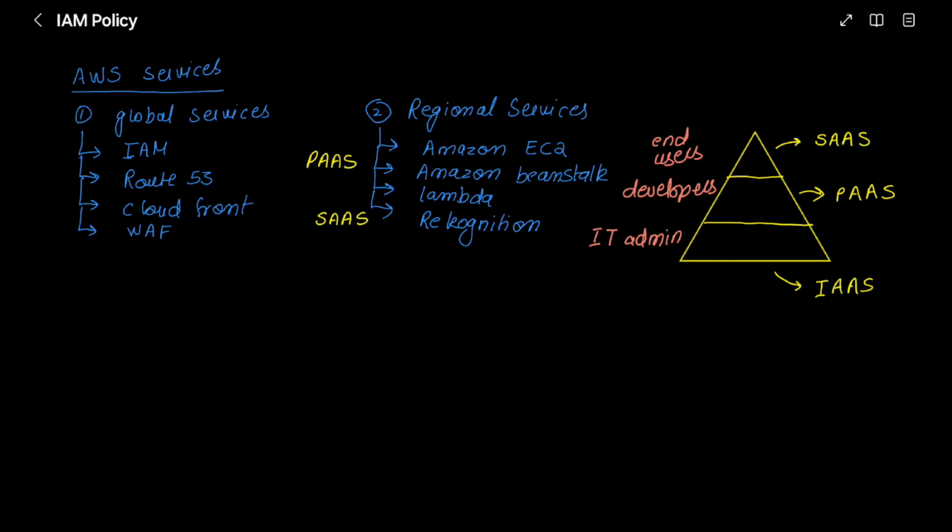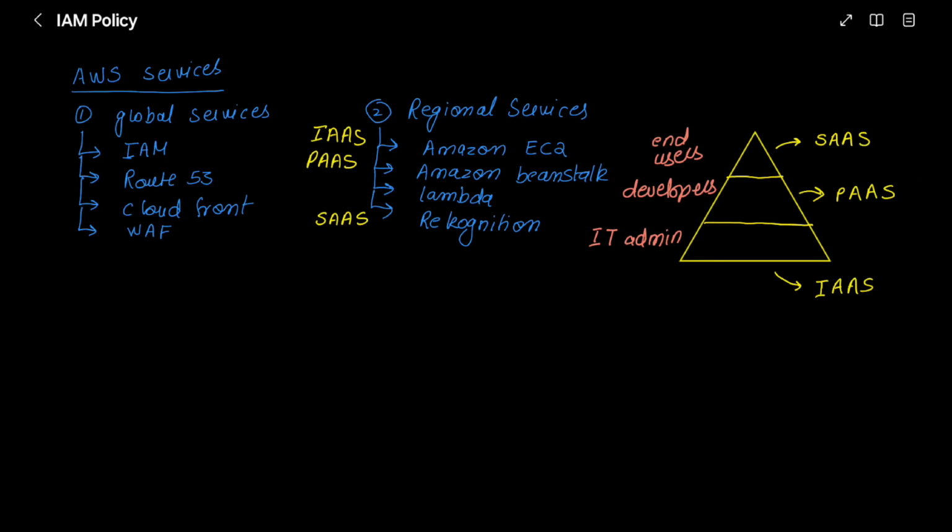Then we have EC2. A lot of people might say it's a software as a service because it's like a fundamental of computing being offered. But that's not the case. It's infrastructure as a service because it has a lot of layers to it. There are a lot of configurations that you can do at so many levels, and it itself is an infrastructure being offered.